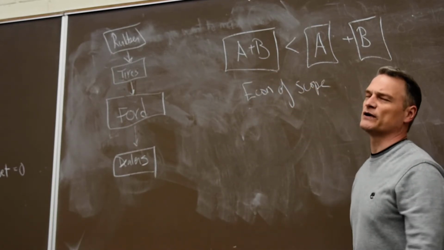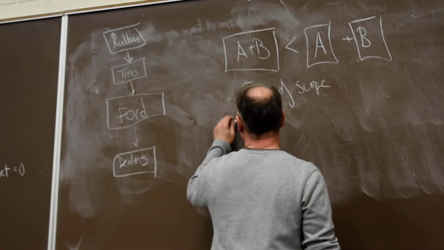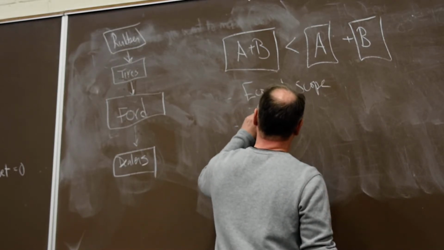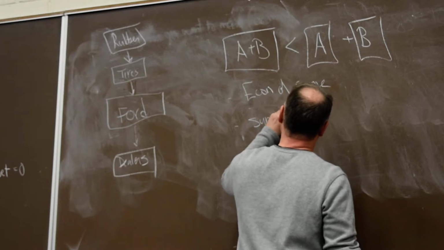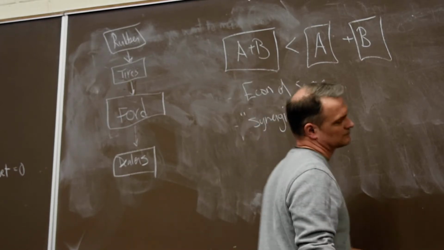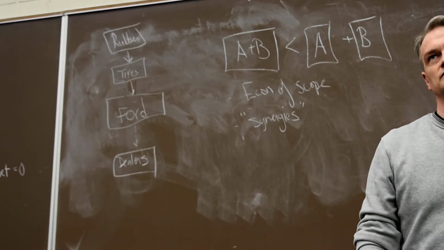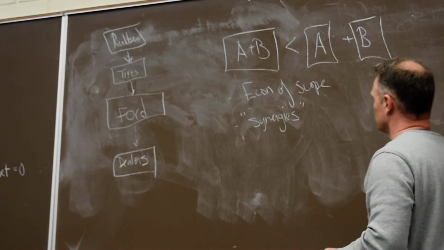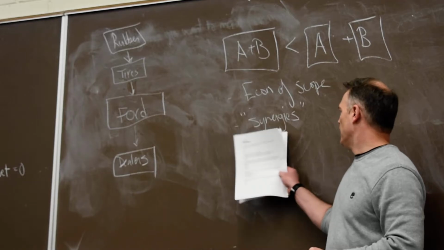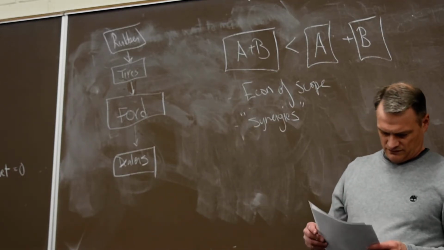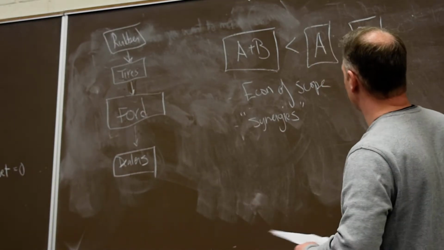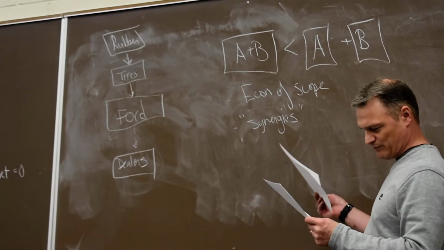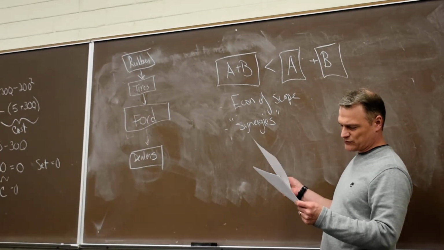In econ, we call them economies of scope. In business and strategy, we call those synergies. I'm going to skip ahead because number 9 is related.